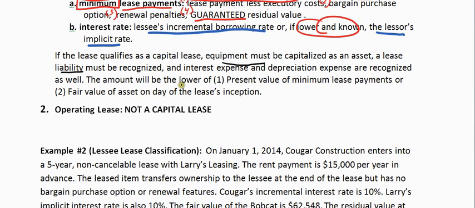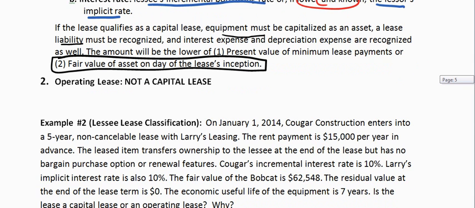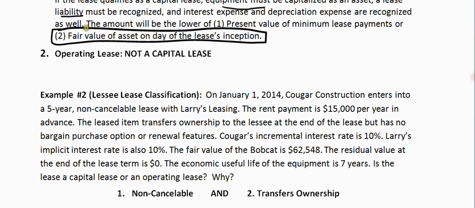Here's one little detail, though. If the fair value of the asset is less than the present value of minimum lease payments, you have to capitalize the fair value. And the idea there is we aren't going to capitalize more than the asset's fair value. That's conservatism, or in some quarters, unbiased accounting.